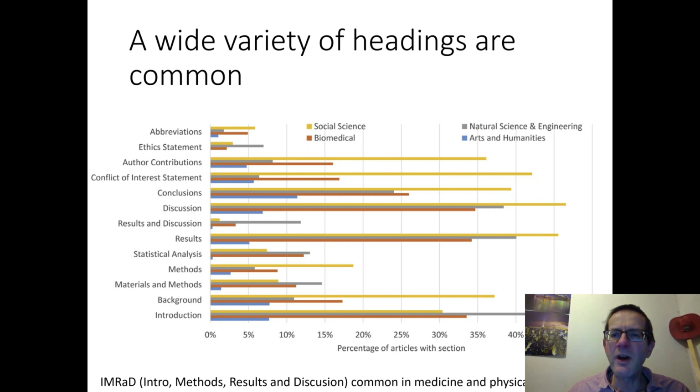So there is a wide variation in the headings used in academic research. So only 30% of social science papers seem to use the introduction heading, which I find incredible. I always use it. But discussion is very common in the social sciences, or results and discussion separately, or results separately is very common as well.